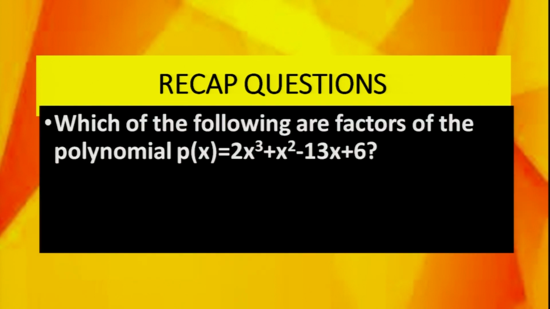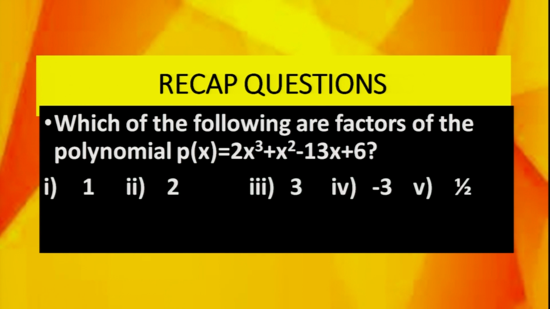Now which of the following are factors of the polynomial p(x) equal to 2x cube plus x square minus 13x plus 6? Now if you see 1, 2, 3, minus 3, 1 by 2, etc. Now by just substituting these values in place of x, we will find that for the value 2 this will become 0, and for minus 3 this will become 0, and also for 1 by 2 this will become 0.